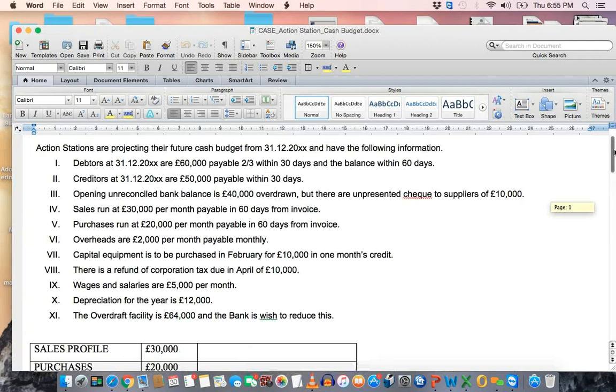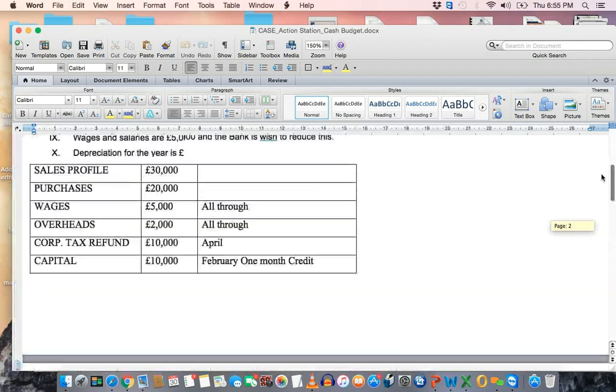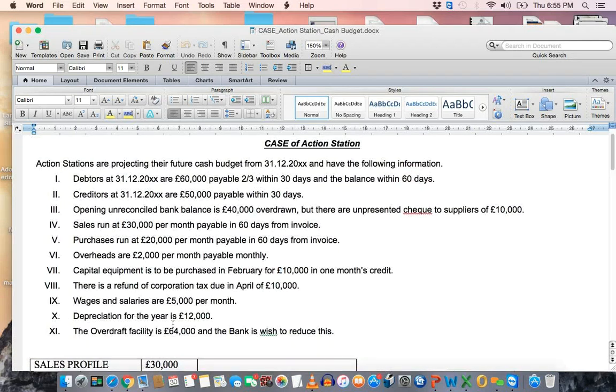Now payments. On the payment side, we need to pay 50,000 to our creditors, within 30 days. So that's our payments: creditors, and purchases all through 20,000. Wages we need to pay to our employees 5,000 all through the year. Overheads 2,000 all through the year.